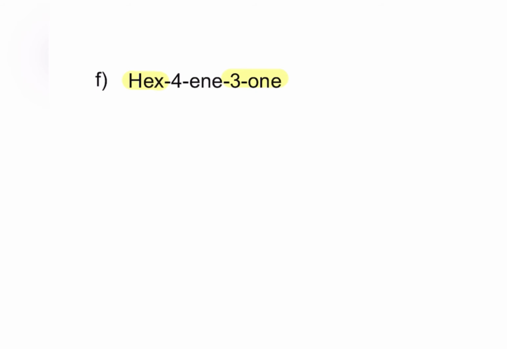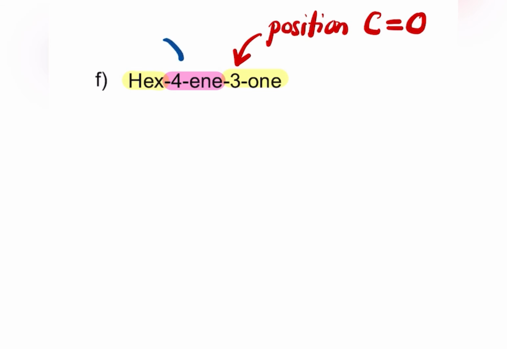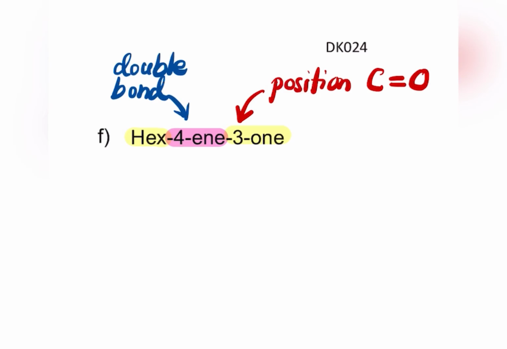So at position carbon number 3 here, you got the double bond O. After that, you got this one, which is 4-ene. ENE is for alkene. So it means that at position carbon number 4, I have a double bond. And this double bond will be between carbon number 4 and carbon number 5.